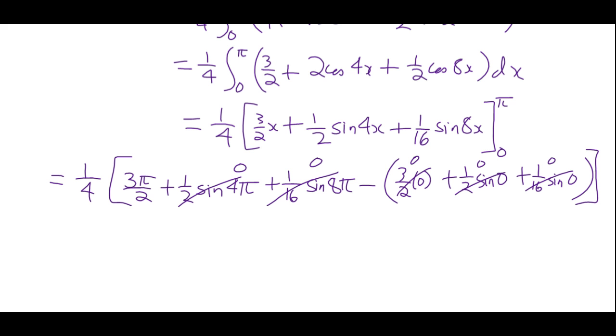So the only thing that's not 0 is the 3 pi over 2. So 1 times 3 pi and 4 times 2. So 3 pi over 8, or 3/8 pi, is what we get.